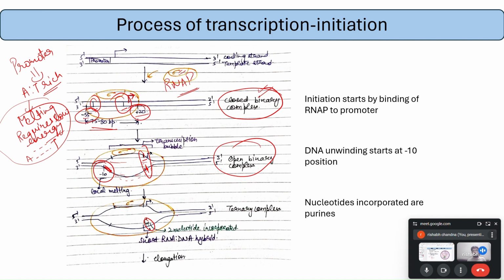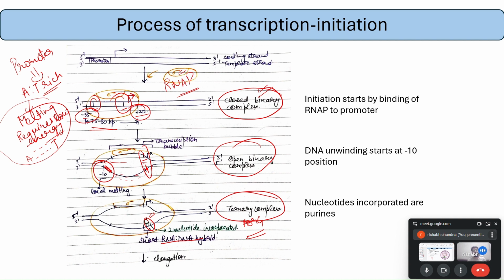This is called the short RNA-DNA hybrid, and only two nucleotides are incorporated, that might be A or G, so that the bonding is more robust as compared to the AT rich region. Here the first two nucleotides are formed, and this is called the ternary complex. Okay, so this leads to the initiation of the transcription process.